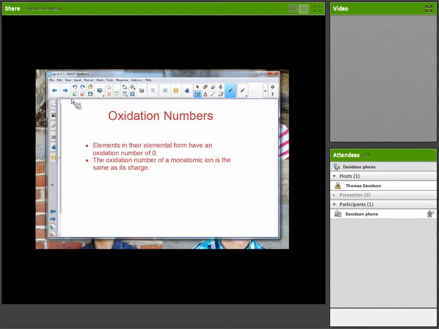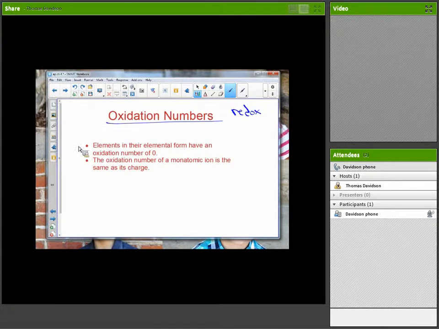All right. So what we need to do for oxidation-reduction reactions, which I'm going to for now call redox reactions from now on, because oxidation and reduction reactions is just too hard to say. All right. So first thing is you need to assign their oxidation numbers. So there's a bunch of rules that we're going to tell you that you need to know. Now really, if you just know 4 of them, you're going to be fine.